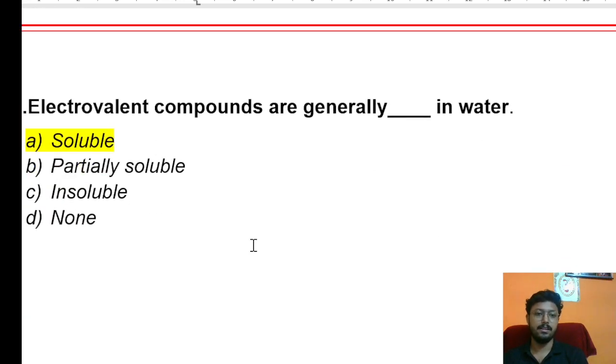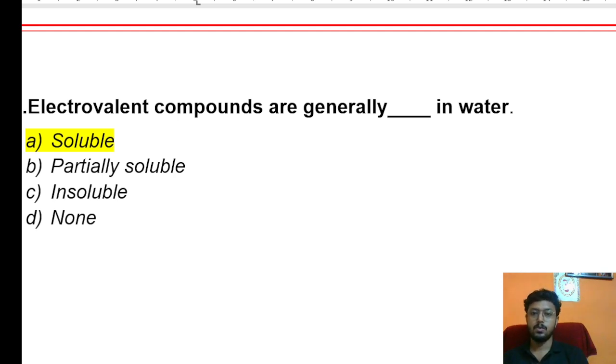Now question number 15. Electrovalent compounds are generally dash in water. Electrovalent compounds are generally soluble in water. Let's take an example so it can be clearly understood whether it is soluble or not. Dear students, all of you know NaCl, right? NaCl is an electrovalent compound, you also call it an ionic compound. Got it? So Na plus and Cl minus, it is also a crystal.